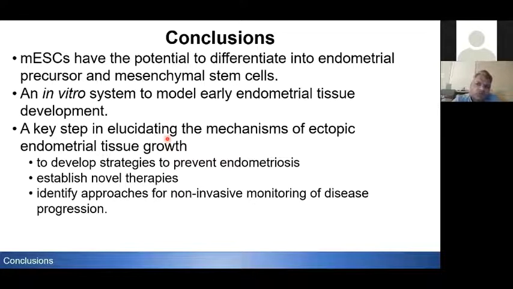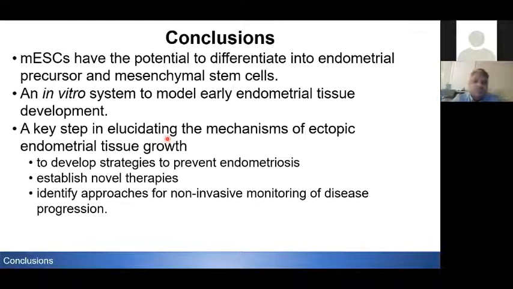So the future goal was to use CRISPR technique to knock down one of these markers of endometrium and see if we can stop the regeneration of endometrium from mouse embryonic stem cells, as well as identify approaches for non-invasive monitoring of disease progression.